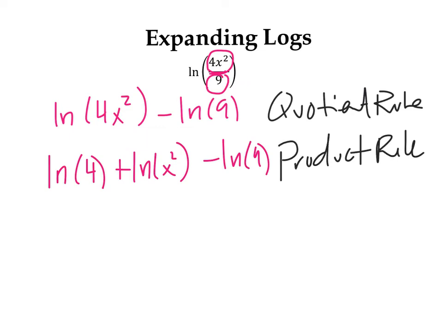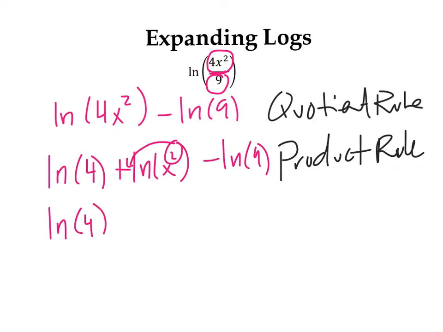Some of you might be tempted to do all of this at once, and you might be able to, but the tricky part is using the quotient, product, and power rule all at the same time. So like, where does this 2 end up, right? This 2 will end up in front of this natural log. So the natural log of 4 stays the same.